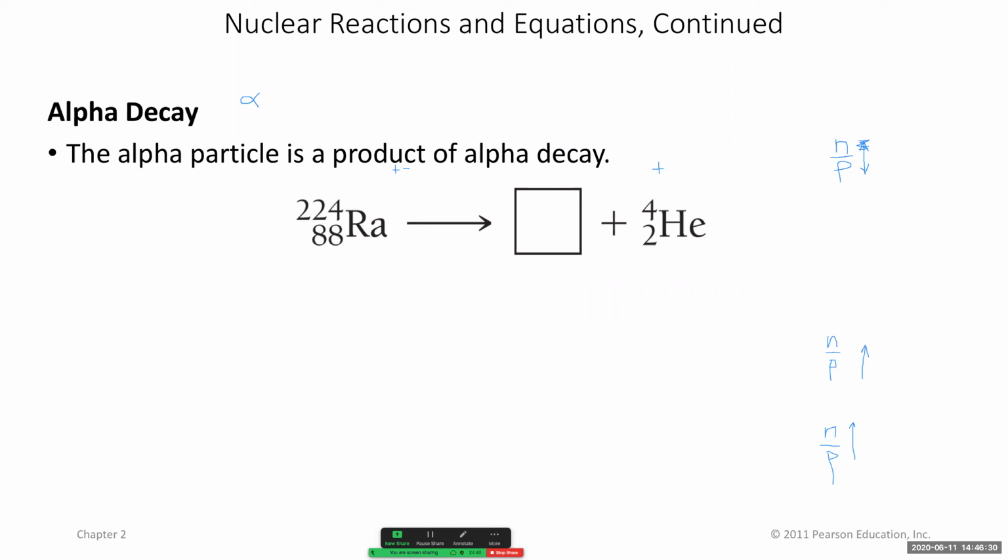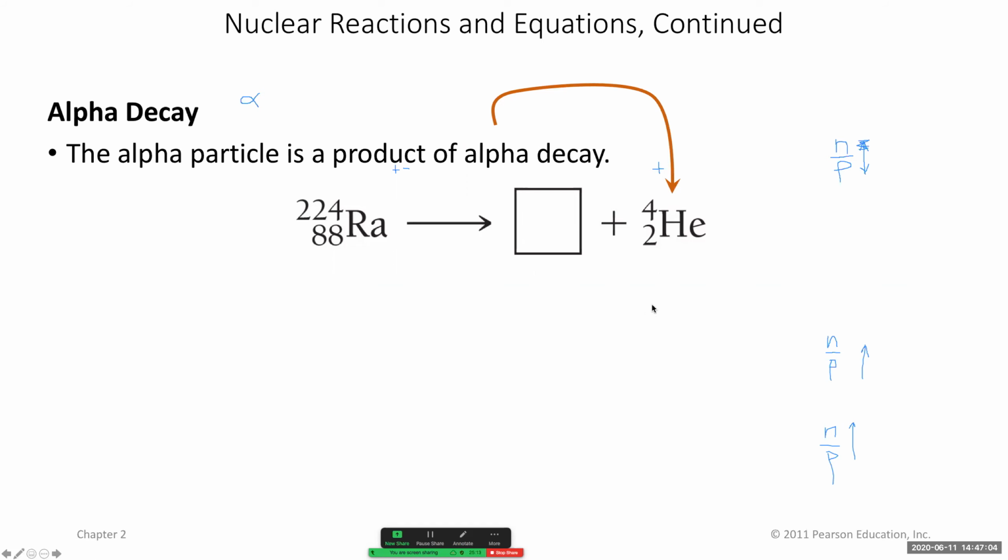So what is the product? One way we describe this is in a radioactive decay, the reactant is called the parent radionuclide, and the product is the daughter radionuclide. So in this case, we're asking what is the daughter radionuclide from this decay reaction?